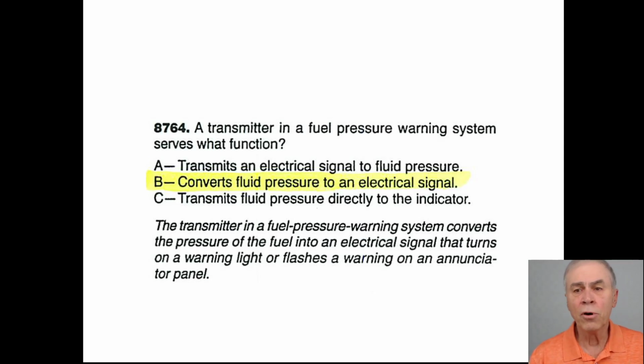Don't jump on C because of the word directly. Yeah, a transmitter does convert the fluid pressure by use of the bellows or whatever to an electrical signal. Basically, it's a switch that opens or closes. And then the annunciator panel will have a warning, a little red warning flash.